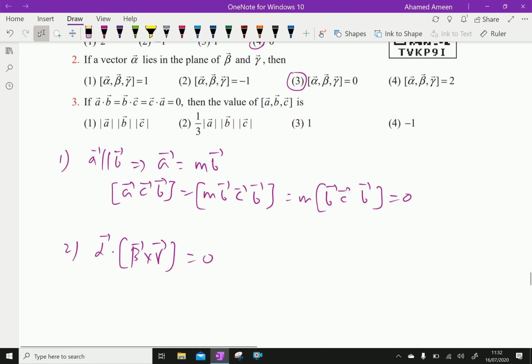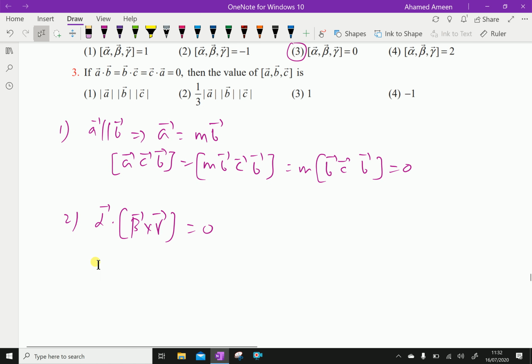Question number 3. Vector A dot vector B, vector B dot vector C, vector C dot vector A equals 0.